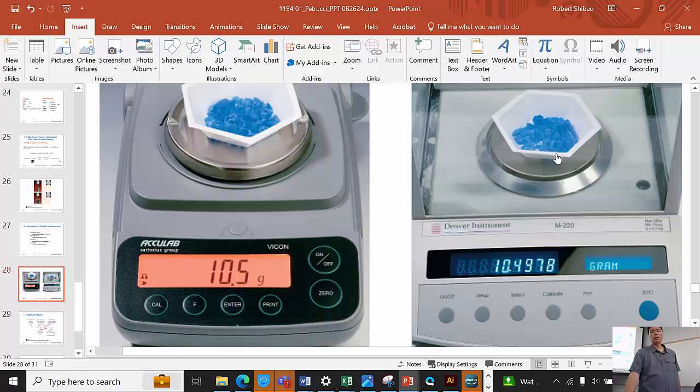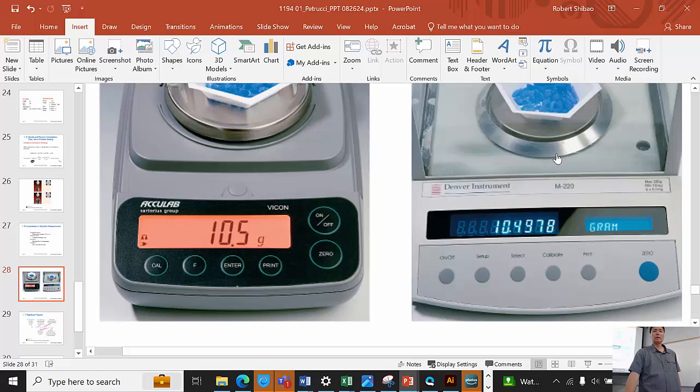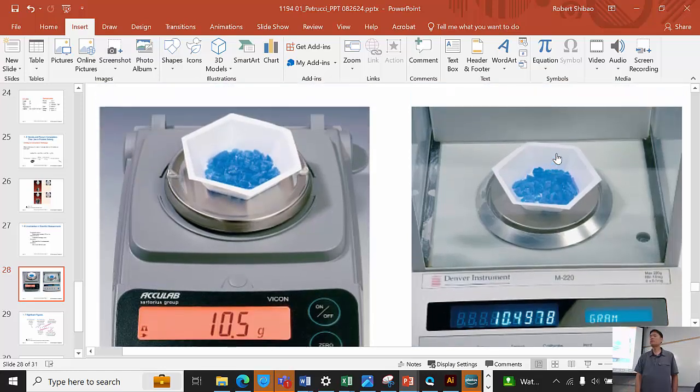And so there's quite a big difference in the precision of these two balances, and cost. In Chem 4, we use these. Actually, we have one more digit of precision. So we call these centigram balances. This is a tenth of a gram. The next one would be a hundredth of a gram. The next space would be a milligram. And so when we look at this one, this is a tenth of a gram, centigram, milligram, and tenth of a milligram.